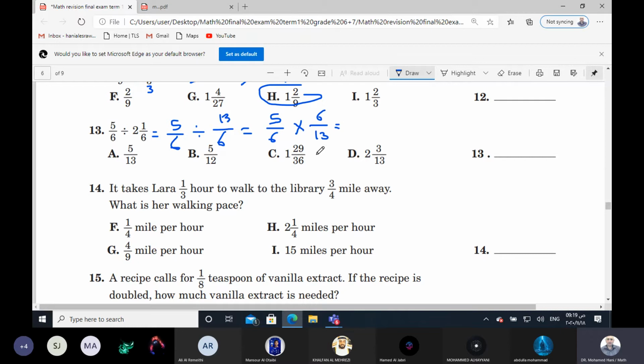For an easy way, we can divide 6 up with 6 down. 6 divided by 6 will be 1. 5 times 1 will be 5, and 1 times 13 will be 13. So the answer will be 5 over 13.